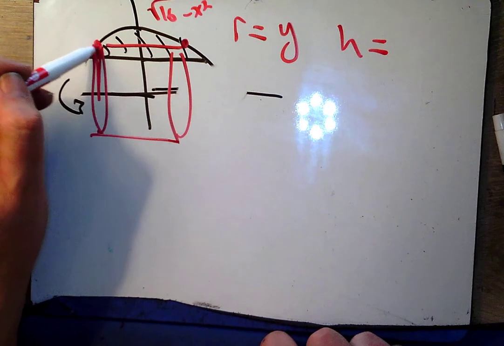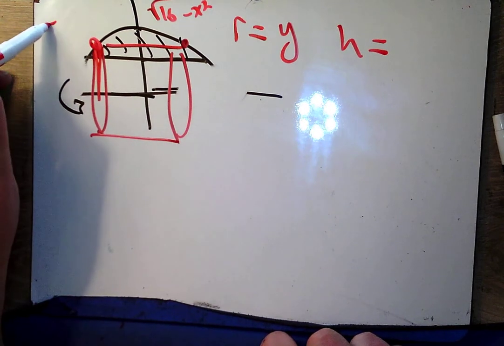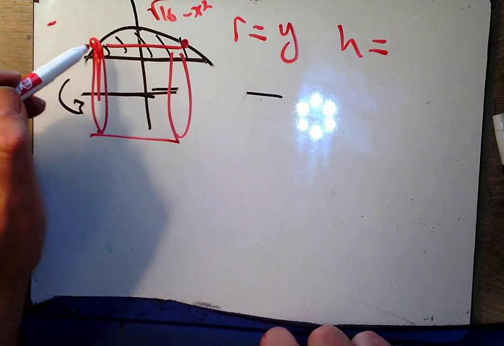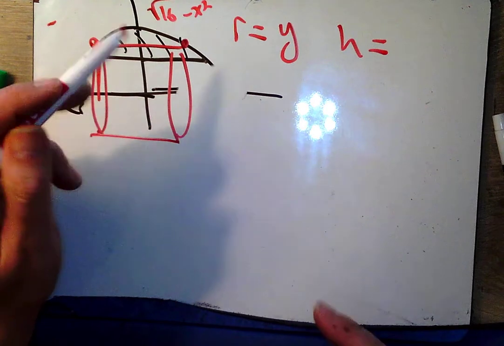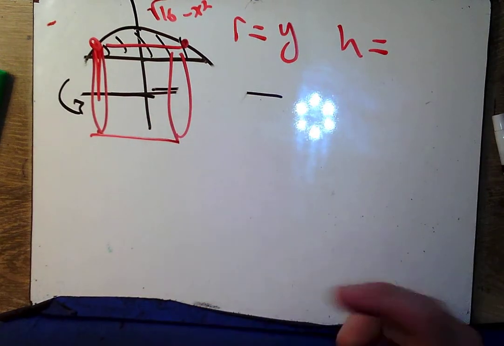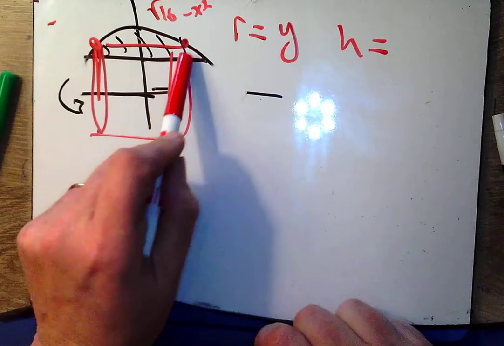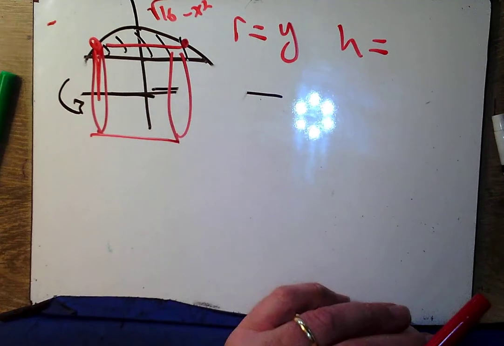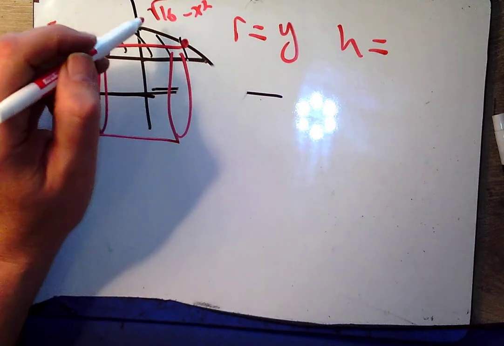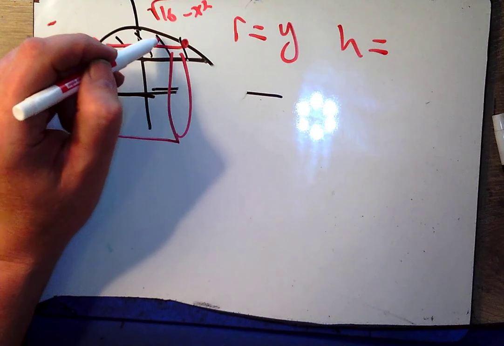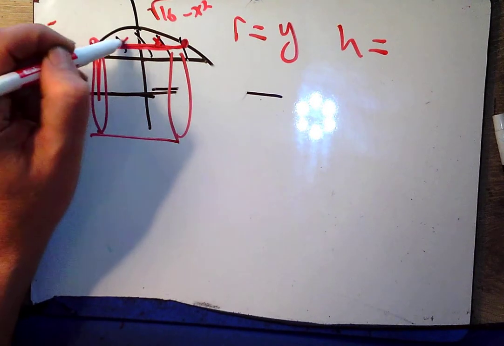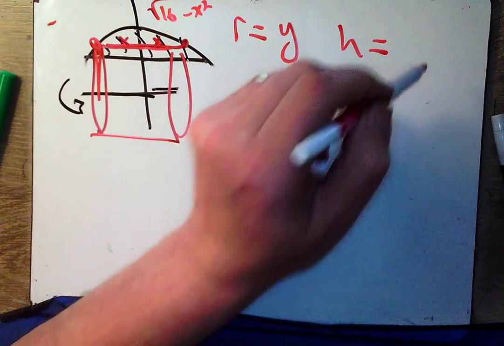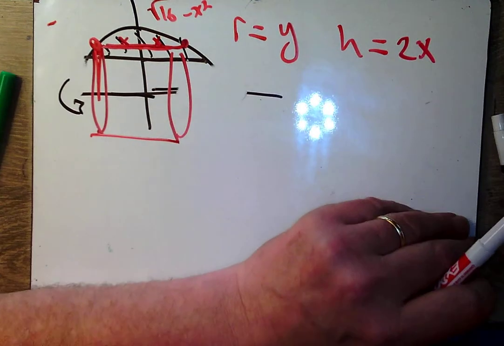And over here, it's not negative. Yeah, that's awkward. I want to say though that actually this distance is x, and this distance must also be x. So here my height is 2x.